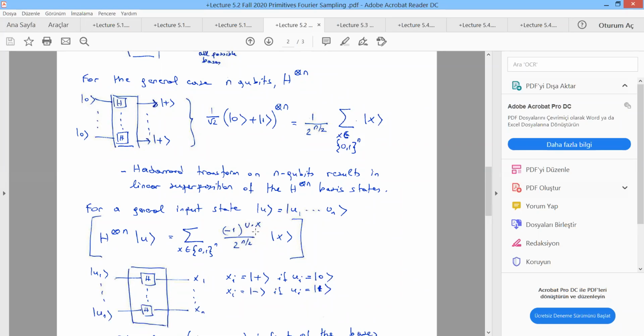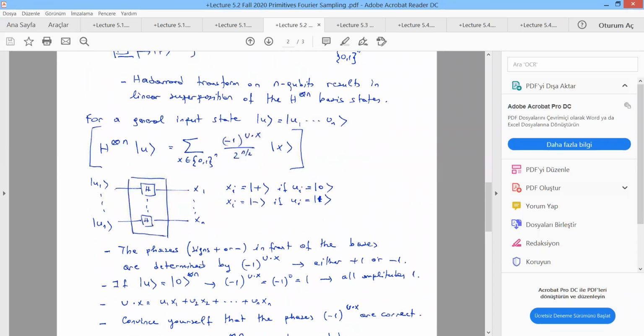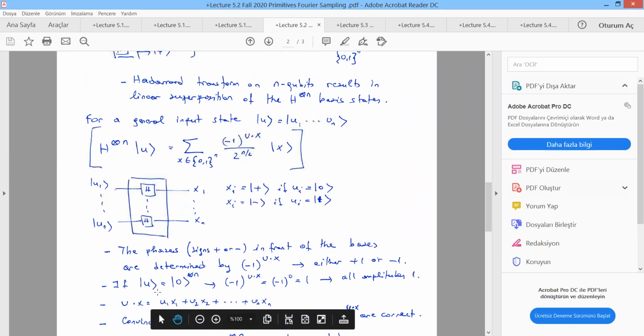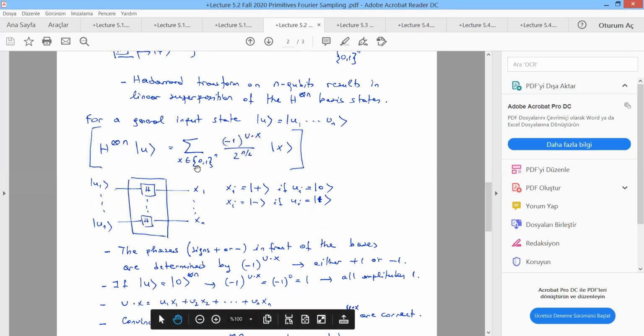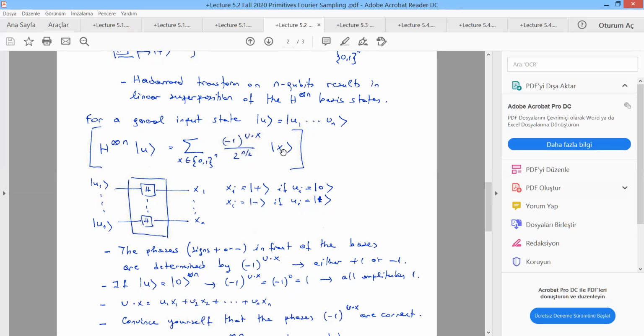In other words, it is an inner product modulo 2, because u dot x, as we see over here, x is one of the basis states, which could be represented as x1, x2, up to xn, and then u is the input vector, which could be represented as u1, u2, dot dot dot u sub n. u dot x is just the inner product between the input and the corresponding basis state, right?